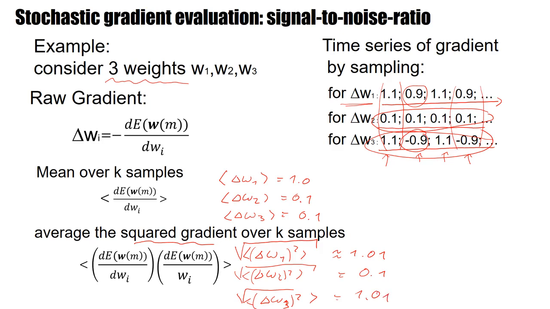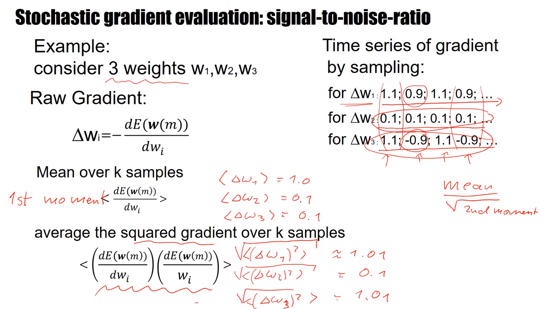And now let's be interested in the following. We compare the mean with the square root of the second moment. This squared gradient is called the second moment. The mean is sometimes called the first moment. So the mean over the second moment.